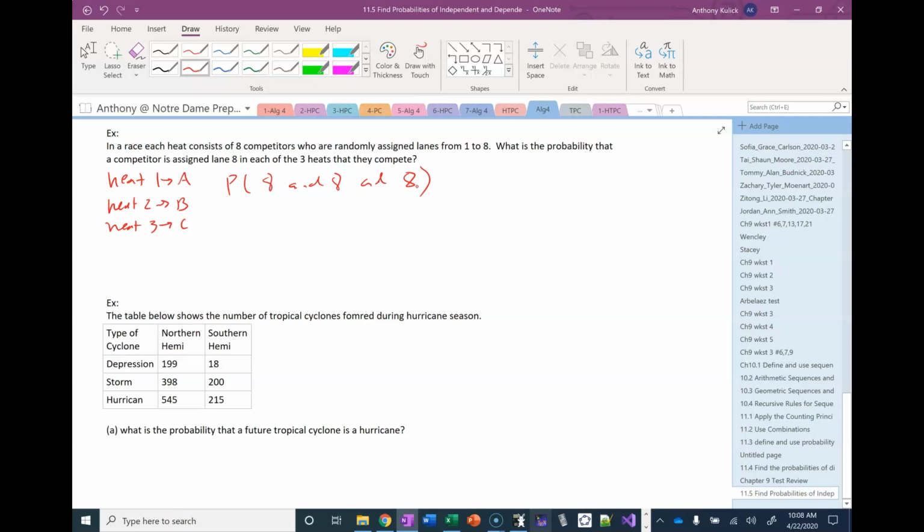Well, is there anything in the problem that would indicate to you that your lane assignment in heat 1 would have any effect on your lane assignment in heat 2? No, right? Because in each heat, we're assigning all the lanes randomly. So this is independent again.